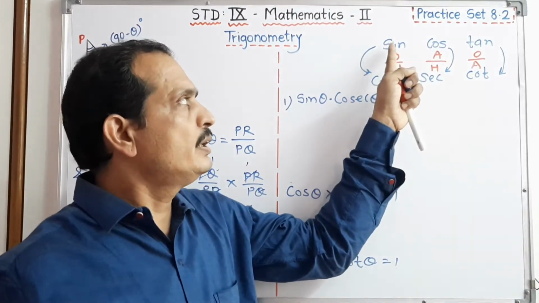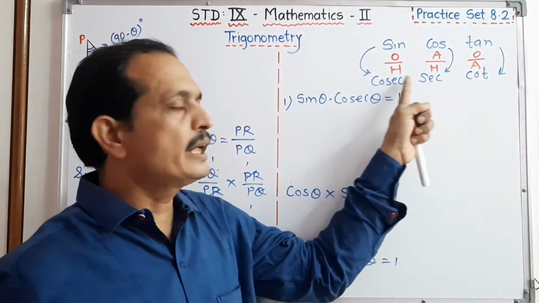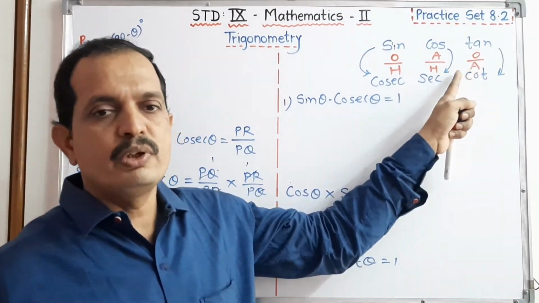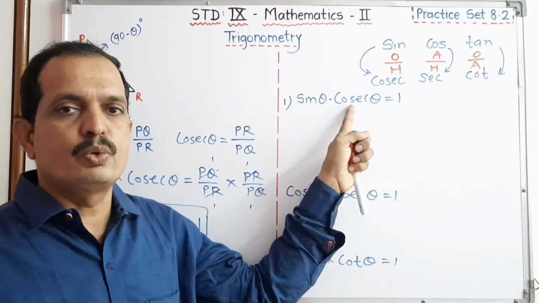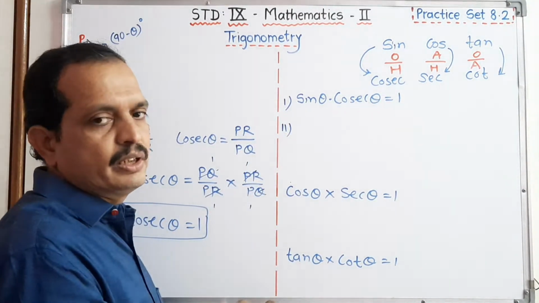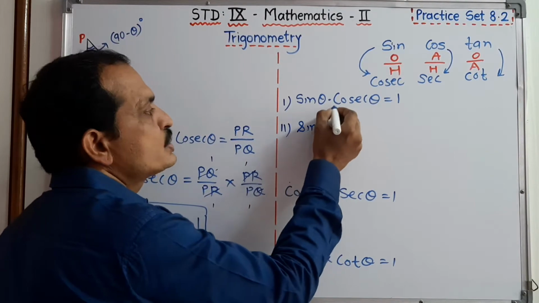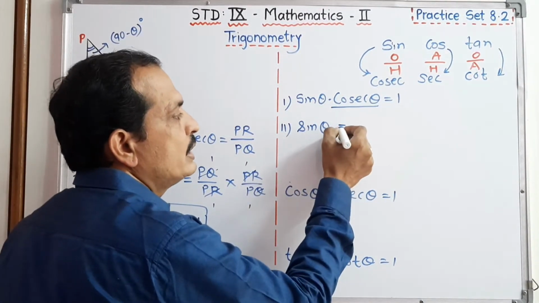It is very easy to remember this relation between sine and cosec, cos and sec, tan and cot. If we write it in this serial way, sine, cos, tan, then cot, sec and cosec, OH, AH and OA, then we will get here sine theta into cosec theta is equal to 1. Now, dear student, if we make some changes here, cosec theta is multiplied here, we can take it to the other side, it will get divided.